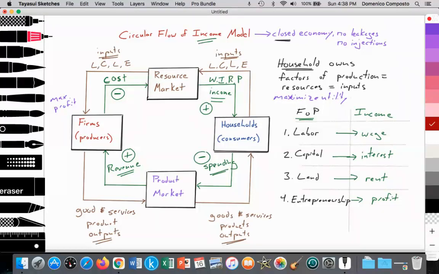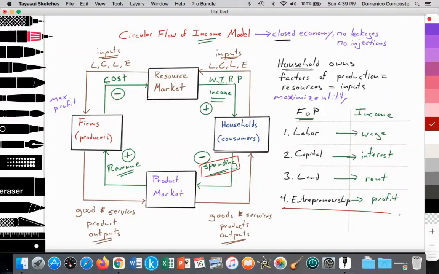So in this simple model of a closed economy, we can measure production in terms of spending. If a household has acquired some type of output, that means that output has been produced. And so if we can track and sum up all of the spending by all households within a nation, then we get to a type of measurement that is known as GDP. So this is known as the expenditure approach.